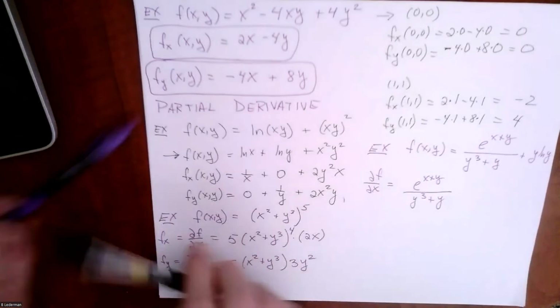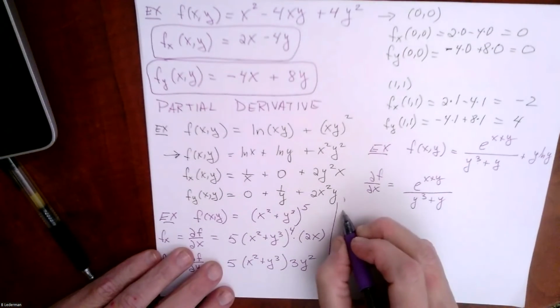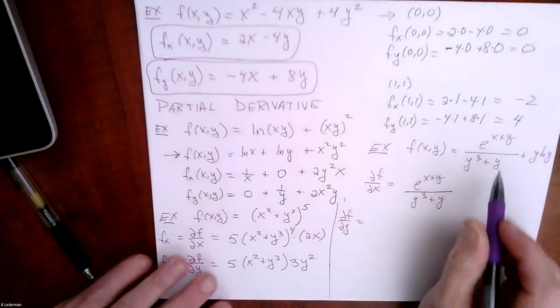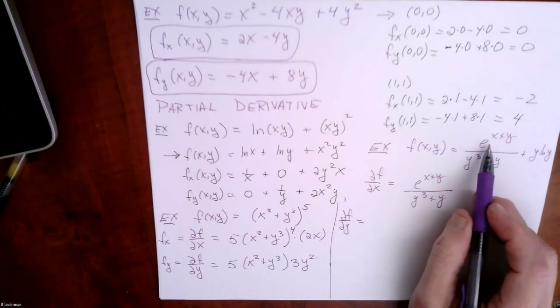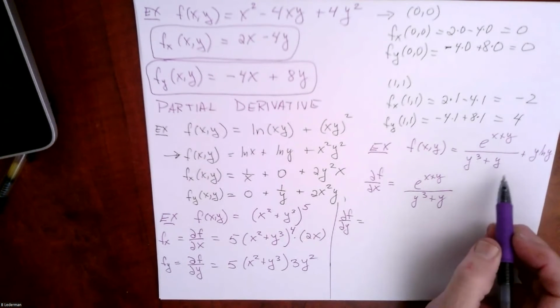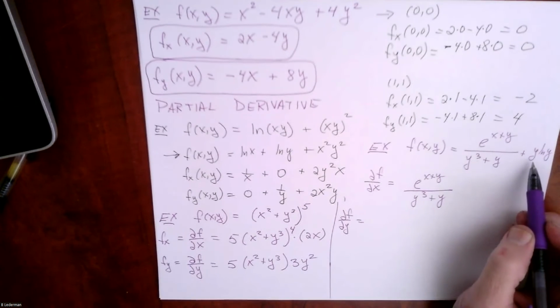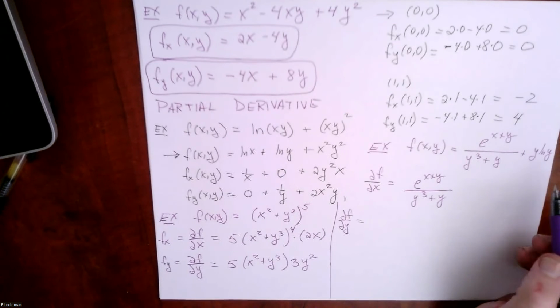So I'm going to stay in purple, and okay, del f del y. Now I have e to the x plus y. The top part is a function of y. The bottom part is a function of y. So I'm going to have to use quotient rule. Here we have y as a function of y and ln y as a function of y, so I'm going to have to use product rule.